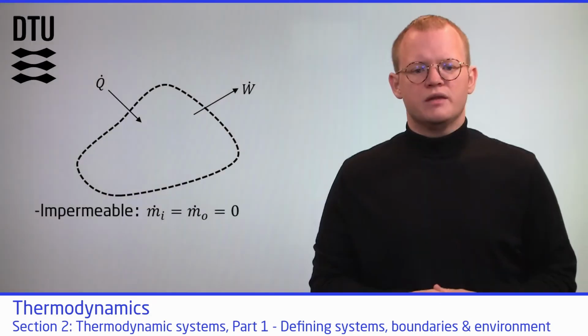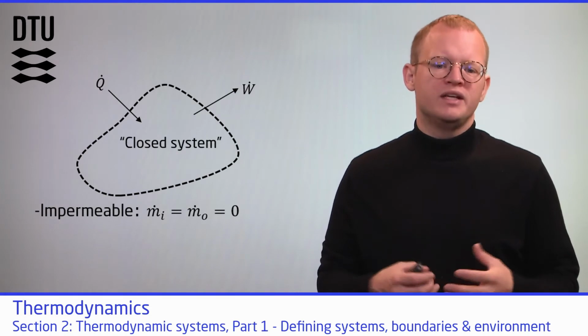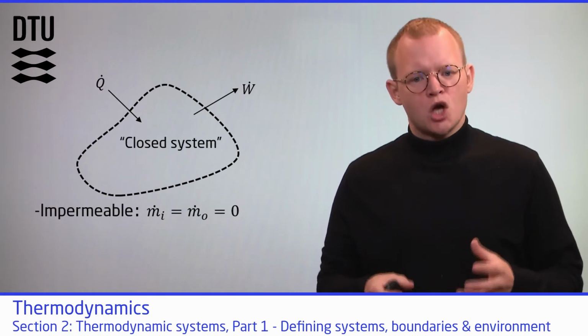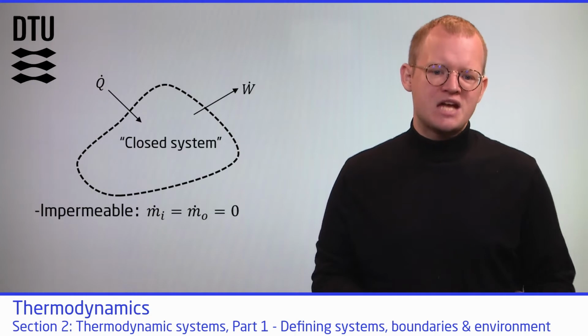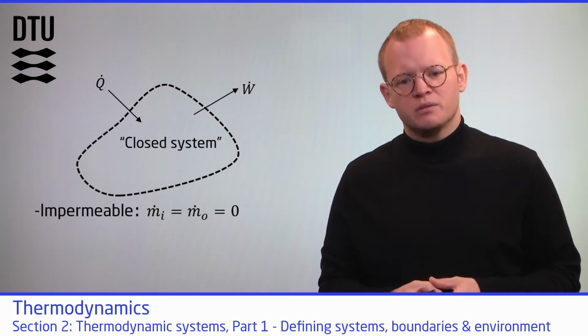So let us instead assume a system boundary that's still impermeable, but will allow the transfer of both heat and work. This results in a system that is referred to as a closed system, or alternatively a control mass. The term control mass refers to the fact that based on the conservation principles, the closed system is a system of constant mass.